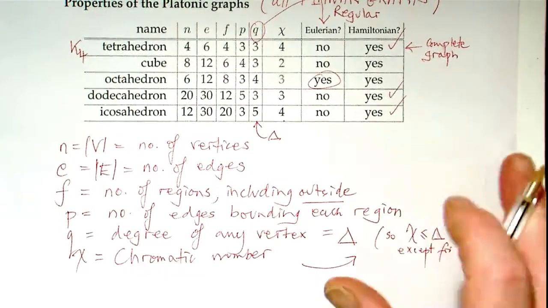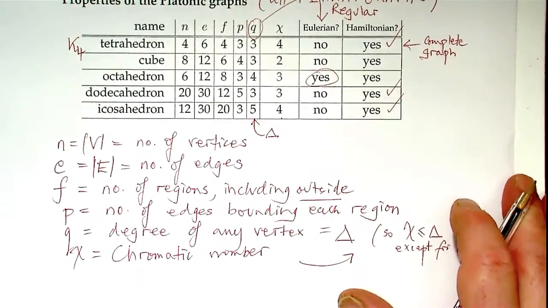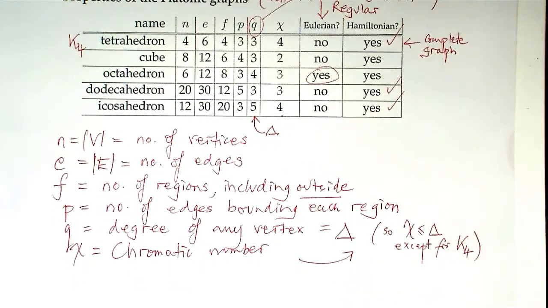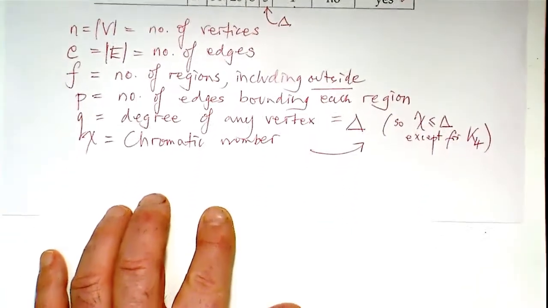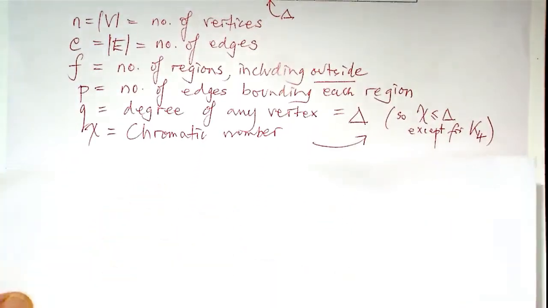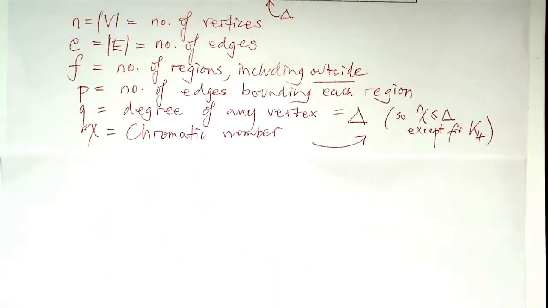But why do we only get these possibilities? Well, I could almost explain that for you by a very neat trick. Forget the table, look at the definition here.